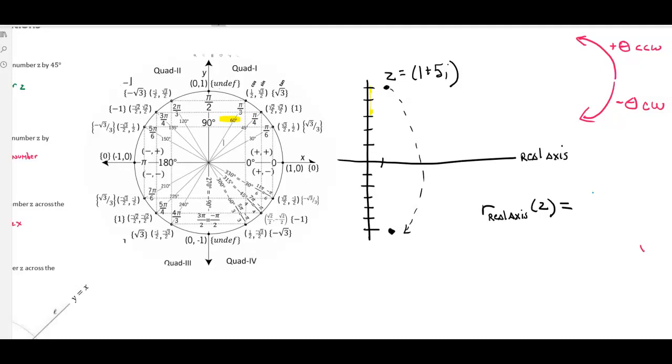So if you look over there on the sideboard, you notice where it says the conjugate flips it over the real axis. If I do the conjugate, I get 1 minus 5I. That flips it over the real axis. So the way that you accomplish this is by doing the conjugate. You press that conjugate button and it flips it over the real axis.